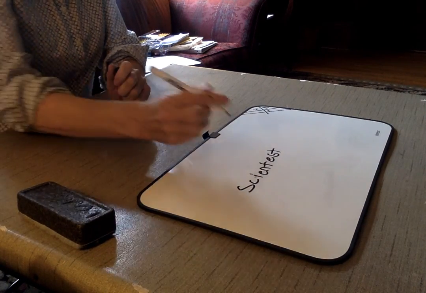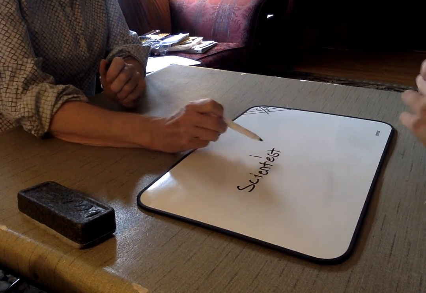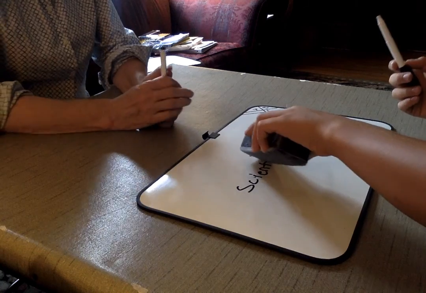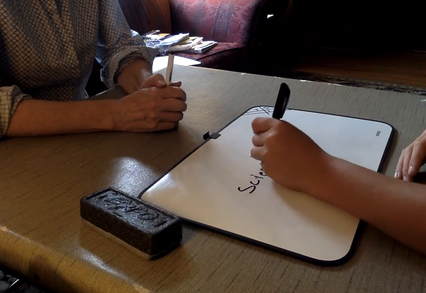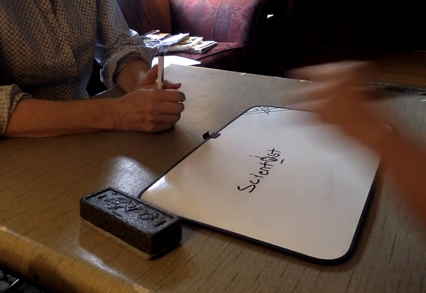Scientist. Okay, we're going to make this one correction. Scientist, okay? Spelled in this case with an I that makes the I sound. Okay, now circle it, underline it once, erase the whole word, and write it again.